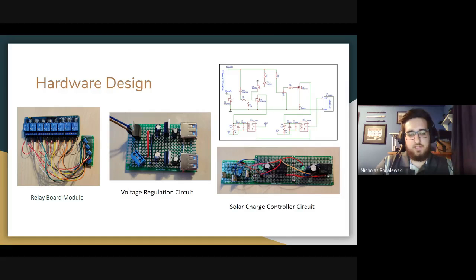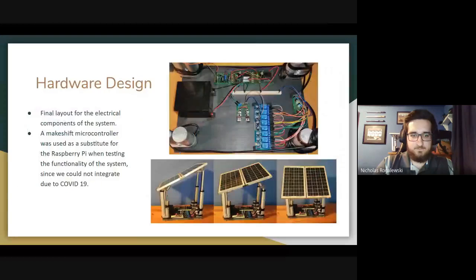The voltage regulation circuit is just to step down the 12 volts from the battery to 5 volts to be used for the relay module and also the Raspberry Pi. And then the solar charge controller is used for over voltage and under voltage protection of the battery when charging it, and also for backwards current protection, so no current goes from the battery to the solar panel, causing any damage to the solar panel.